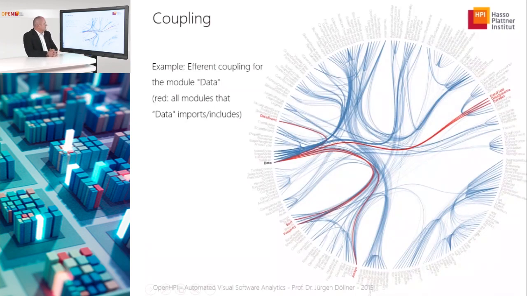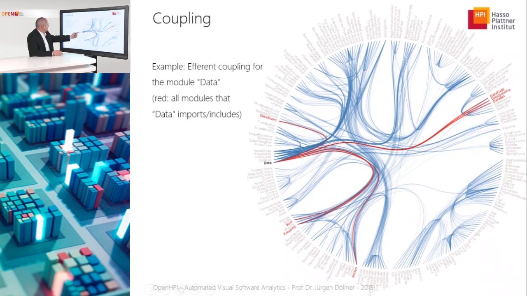Let's analyze this a little bit further using a bundle view. What you see on the right side is a bundle view. It's a mapping of different files of a software system. In the middle, we have connections, relations expressed by these bundled lines. In this case, we are looking at efferent coupling relations of the module data.